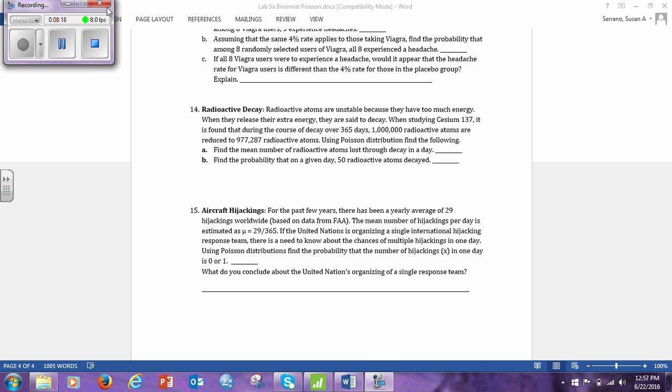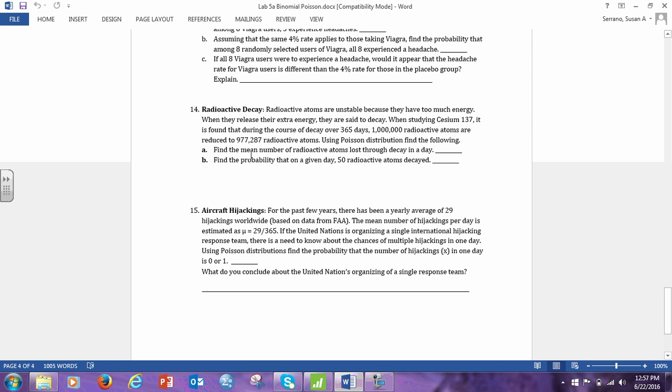Okay, so now we're going to look at the Poisson distribution. This example here was one of the ones on the PowerPoint slides on chapter 4. So I want to remind you how we do this. We're trying to find the mean number of radioactive atoms lost through decay.